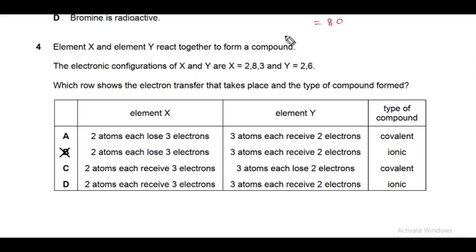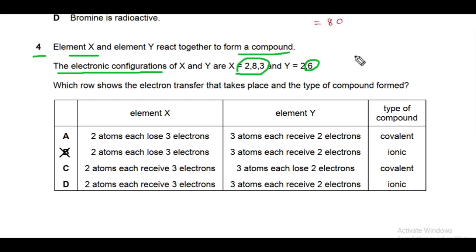Number 4. Elements X and Y react together to form a compound. X is a group 3 element and Y is a group 6 element.